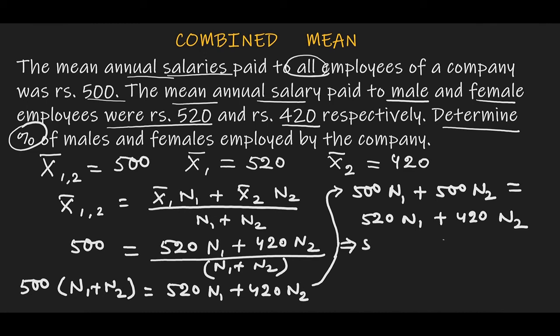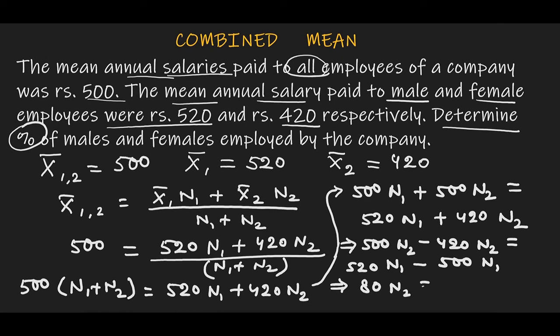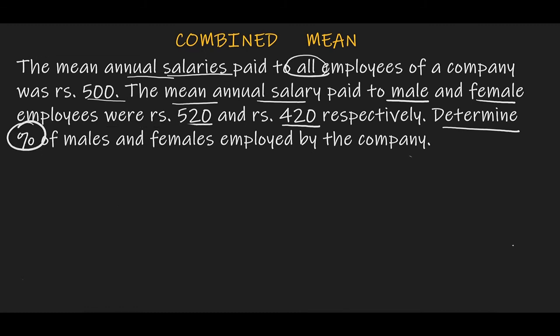So 500 n2 minus 420 n2 is equal to 520 n1 minus 500 n1. After solving this, we get 80 n2 is equal to 20 n1.